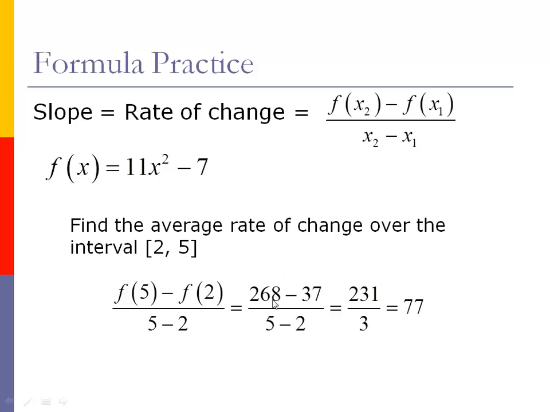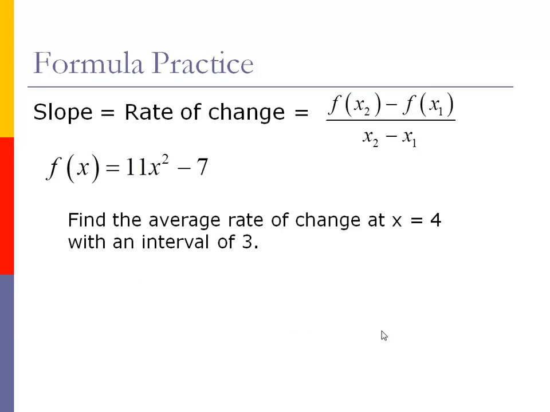So now I'm doing 268 minus 37. 268, remember, is the y value we got when we plugged in 5. 37 is the y value when we plugged in 2. Then you just crunch out the top and the bottom. Got 231 over 3, and that turns out to be 77. So we got an average rate of change of 77 units per whatever the unit is.